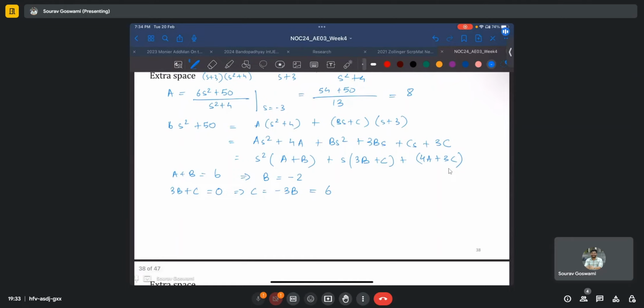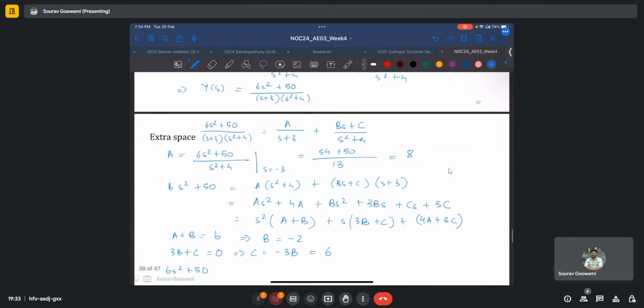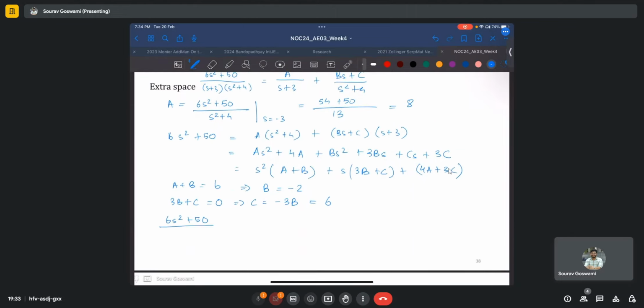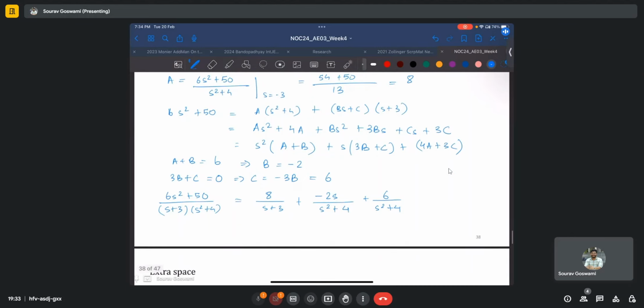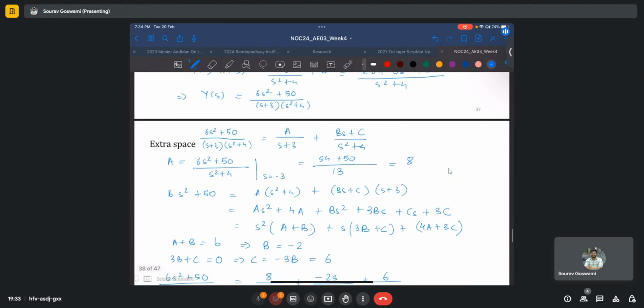Thus, we have the partial fraction form: 6s square plus 50 by s plus 3 into s square plus 4 is equal to 8 by s plus 3 plus minus 2s by s square plus 4 plus 6 by s square plus 4. And now this of course is equal to Y of s.